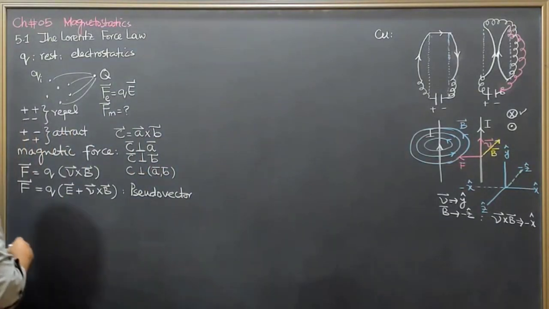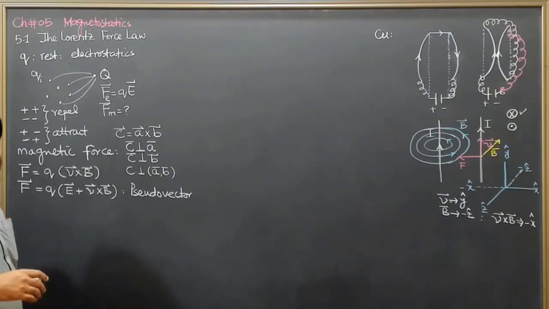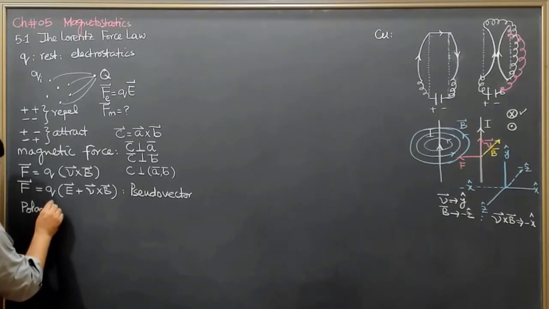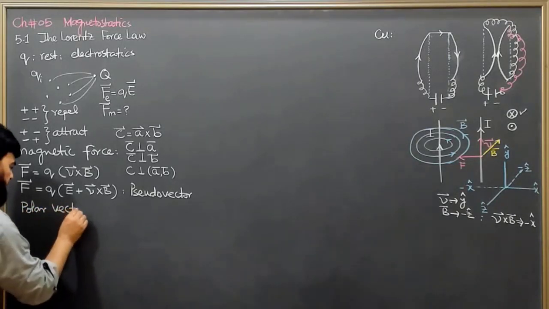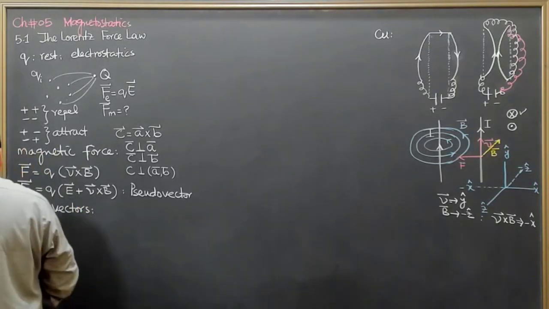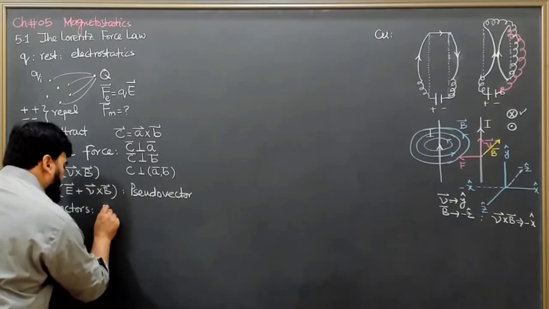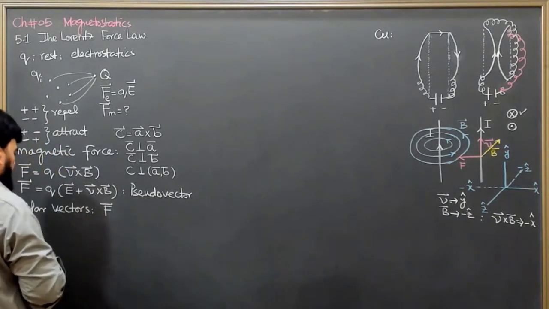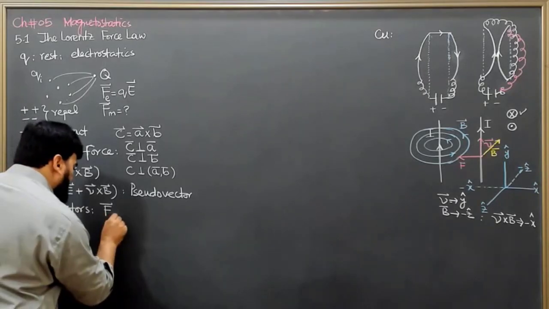So there are two types of vectors here. One we call actual vectors or polar vectors. And polar vectors are basically, for example, force. Force is an actual vector or polar vector.